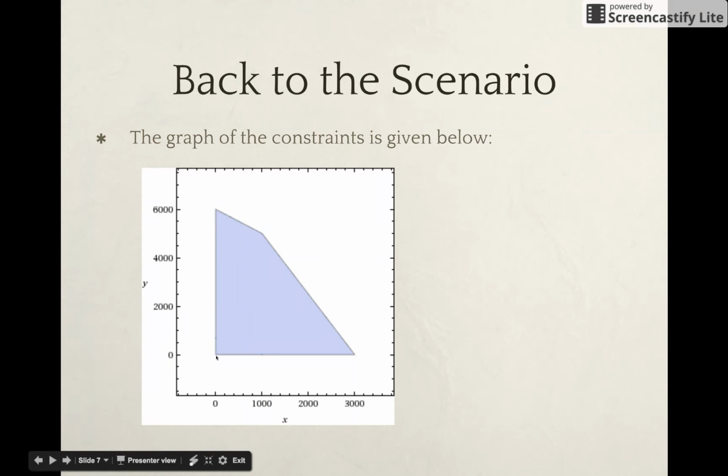So one of the vertices is no medical kits on the y-axis, no containers of water on the x, and we can see that visually. We can see this vertex visually also. This is x is 0, y is 6,000. So no containers of water, 6,000 medical kits.